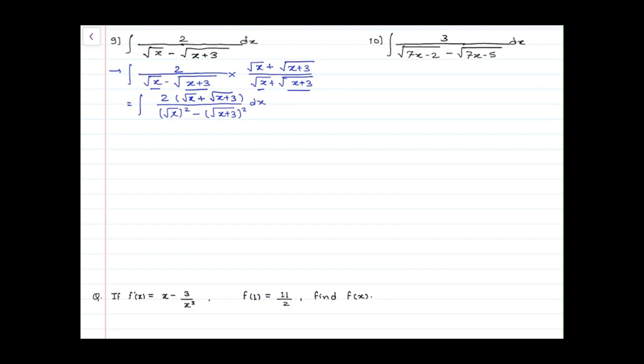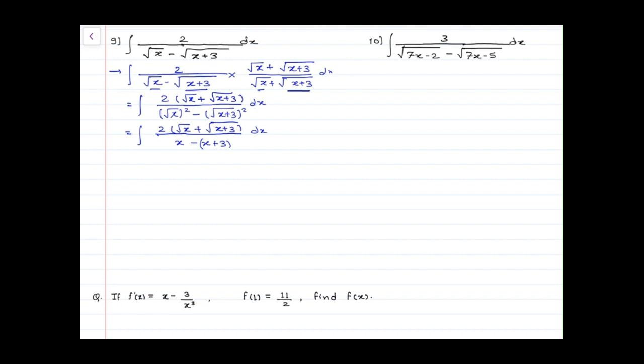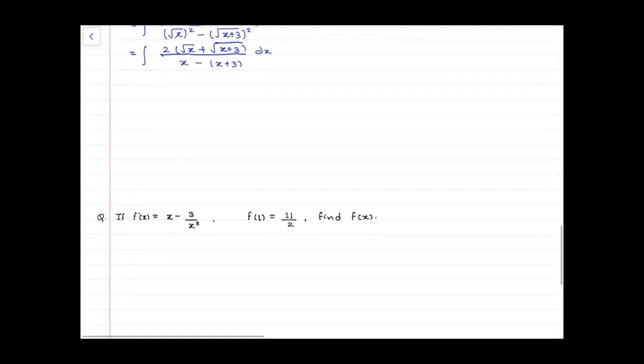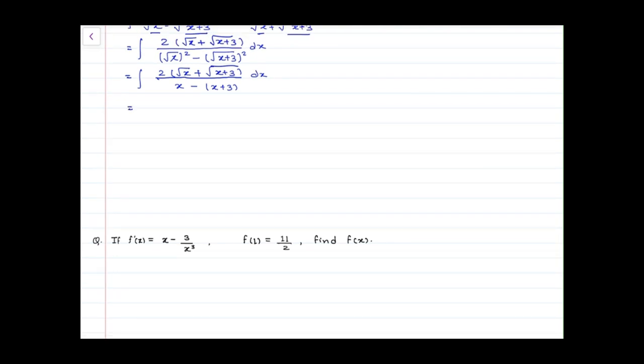So square and square root will go and we will remain with a simple problem, right? So 2 times root x plus root of x plus 3 bracket complete dx divided by x minus, root of x plus 3 squared is x plus 3, right? Now here the brackets are very important, because if you don't use the bracket you will directly change the value, right? So you need to remember and be careful with that.